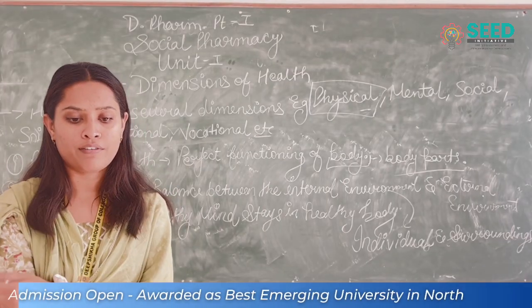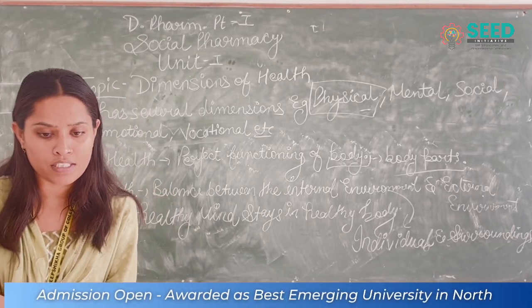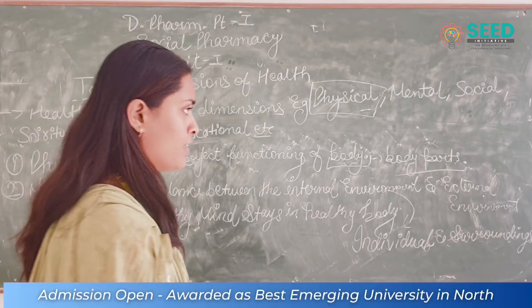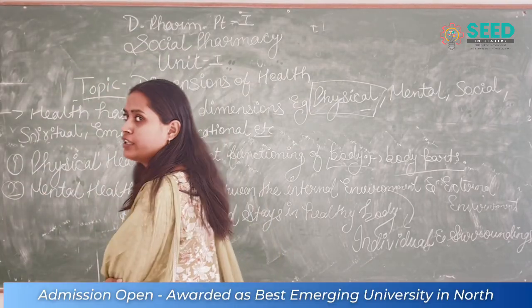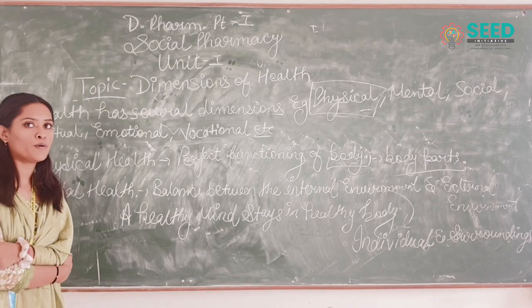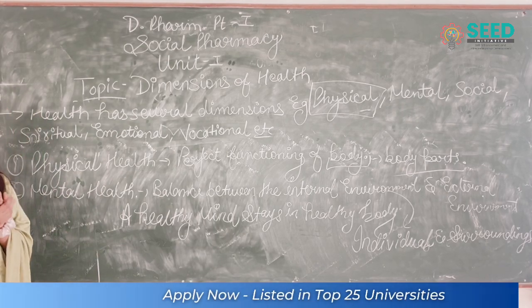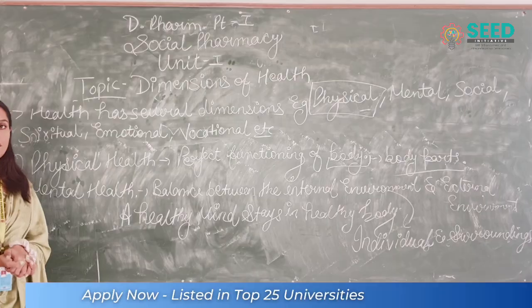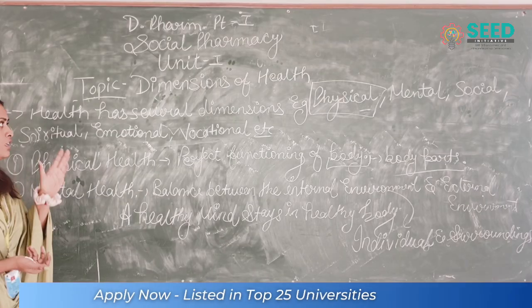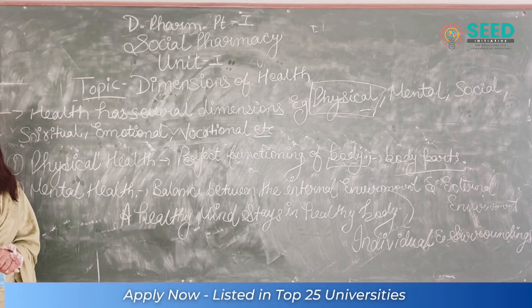Researchers have discovered that physiological factors such as illness, mental illness can be included in mental health. So mental health is a good dimension to tell us about the good health of a person.